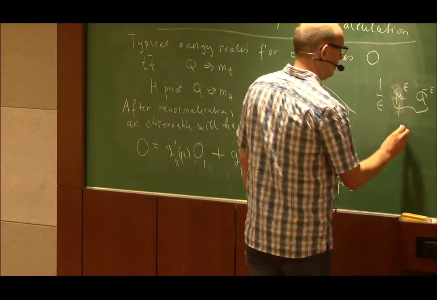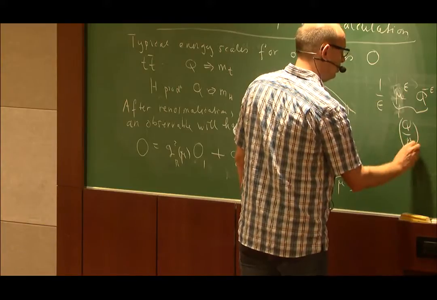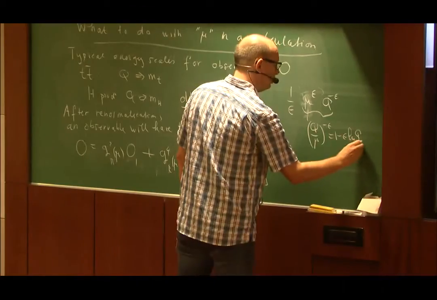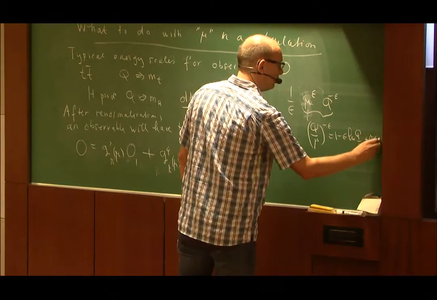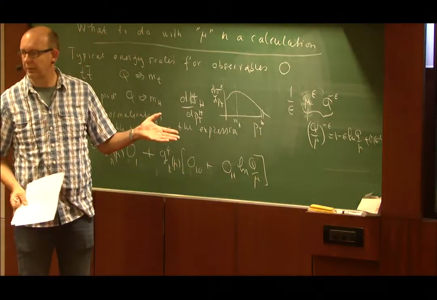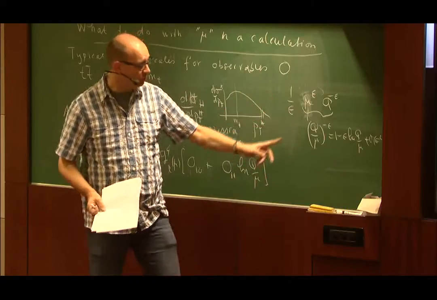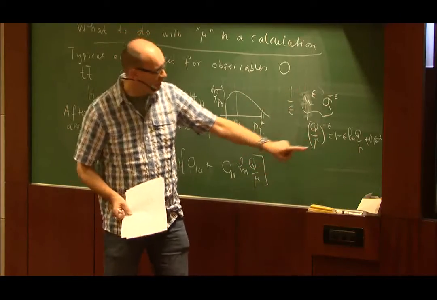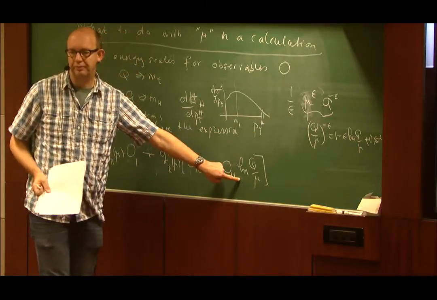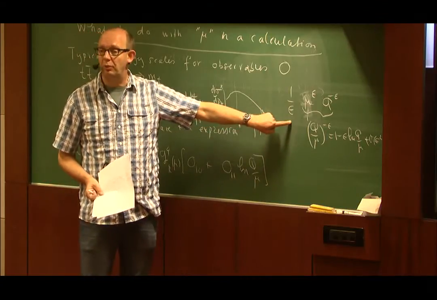You can write this as q over mu to the power minus epsilon, which is 1 minus epsilon log of q over mu plus order epsilon squared. We had seen that before. As you get these things with the power epsilon, you can make them into a series in epsilon through this very simple trick. If you then combine this epsilon with the 1 over epsilon, you have a log left. Never more than one log, because we only have maximally one pole at one loop.